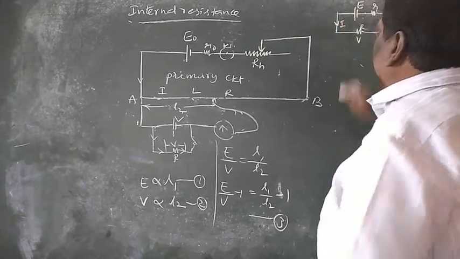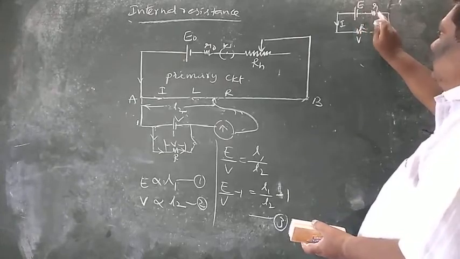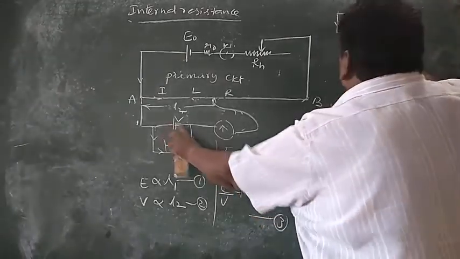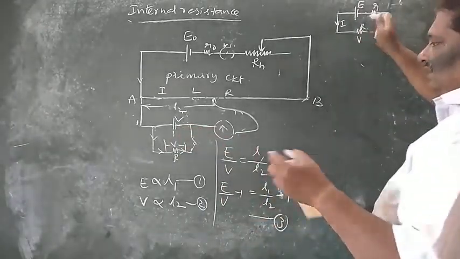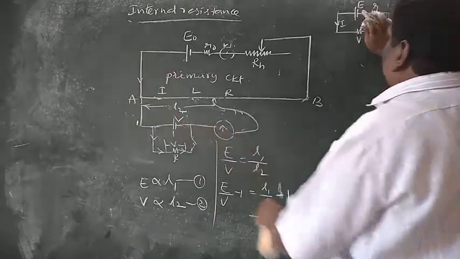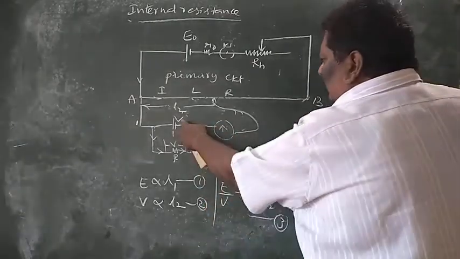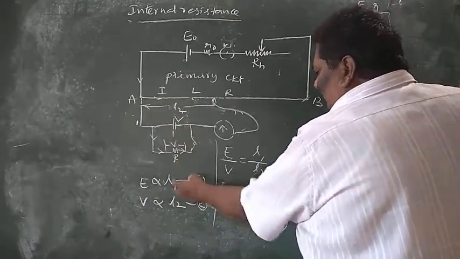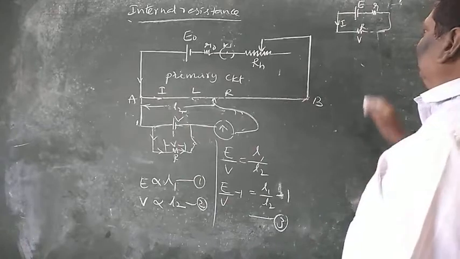Some current is passing through it. The internal resistance does not appear to us, it is hiddenly present. Because of that, the voltage value is less than E. If there is no internal resistance, E and V would both be the same and L1 and L2 would be the same, but that is not possible, internal resistance is present.